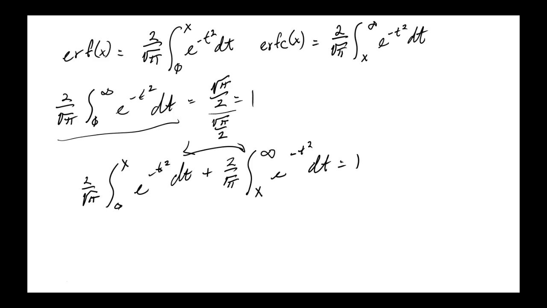So basically what this is leading to is what I just said: the error function of x plus the error function complement of x is equal to 1. And because of its importance in probability, statistics, and applied partial differential equations, the error function has been extensively tabulated, and you can go to lots of statistics books or anywhere else and find that done.